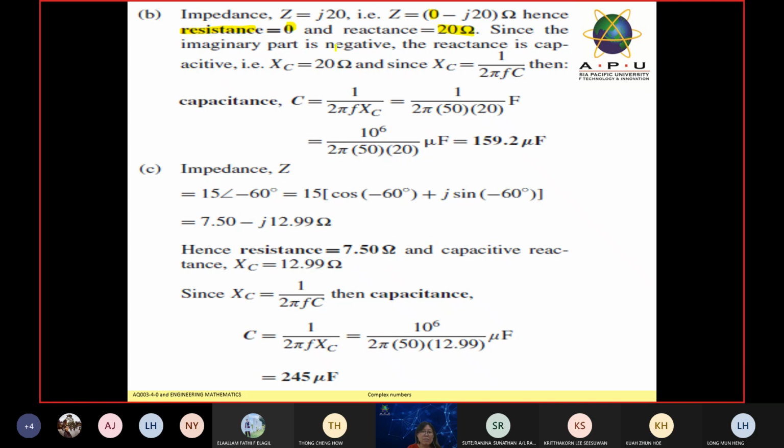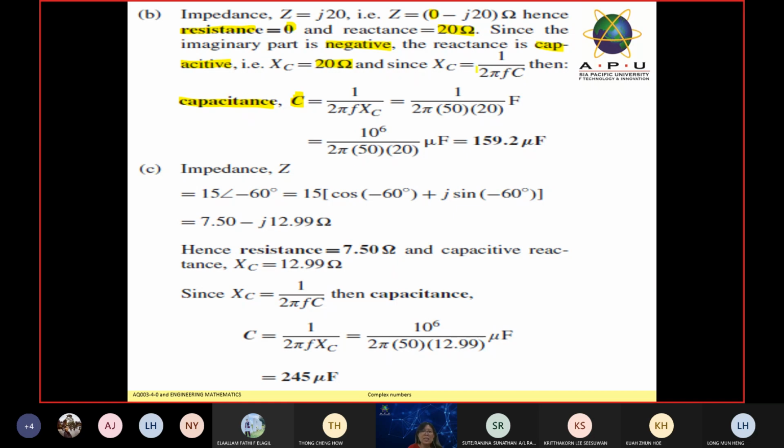Now, since the imaginary part is negative, the reactance is capacitive, as I mentioned just now. With the reactance of 20, we have the formula XC equals 1 over 2 pi F C, where capital C refers to capacitance. You are asked to find inductance or capacitance, so since the imaginary part is negative, here you are calculating the capacitance.